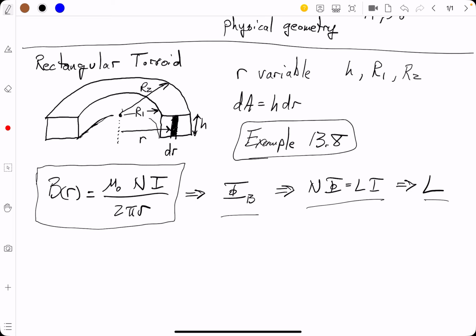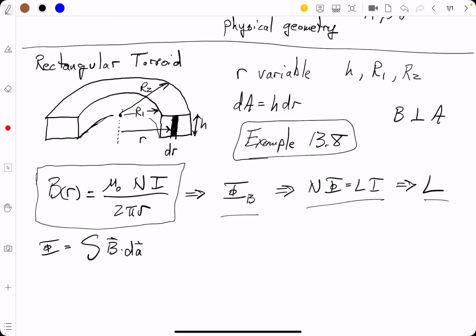Okay, so what is our flux? Our flux is our integral B dot dA, right? And it's going to make everything easy because I'm going to have it set up so that our B field is completely perpendicular to our area, so we don't have to worry about an angle, right?